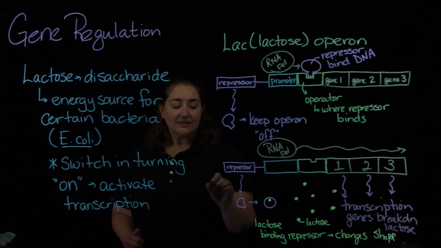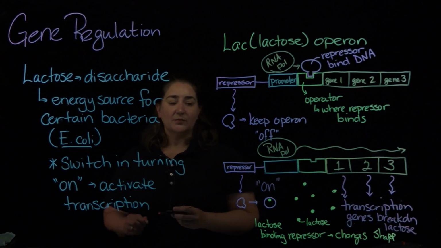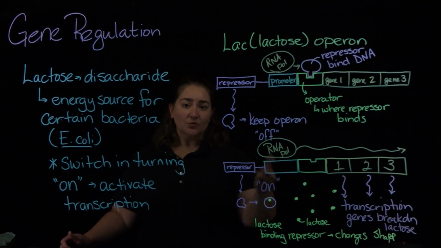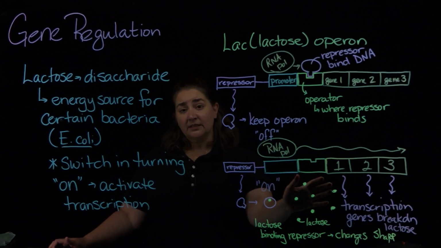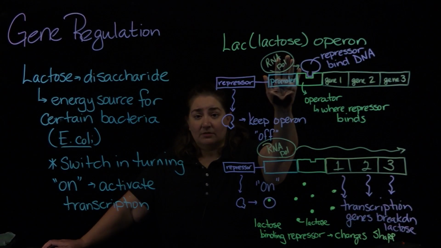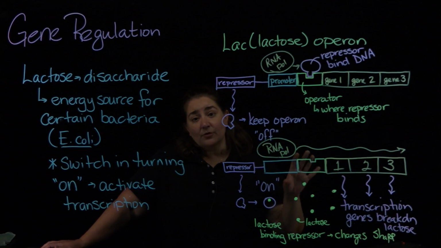So in this case, when lactose is present, this is going to be our on position, okay? So lactose is the switch to turn things on. When lactose is depleted in the environment, things switch back to the off position, okay? So that's just kind of a basic overview of what happens with the Lac Operon.